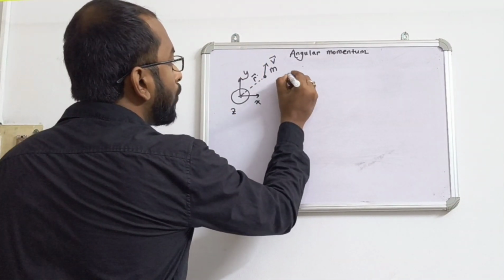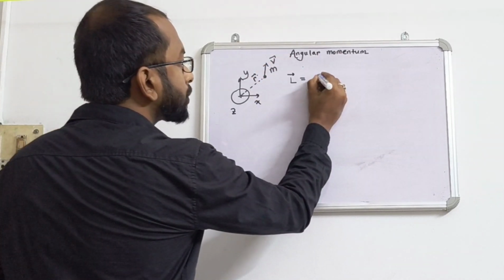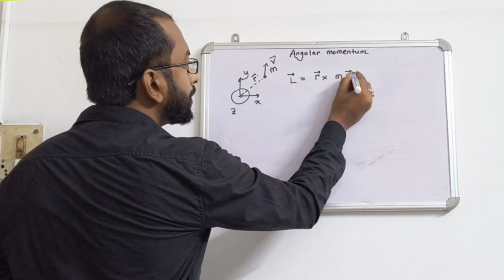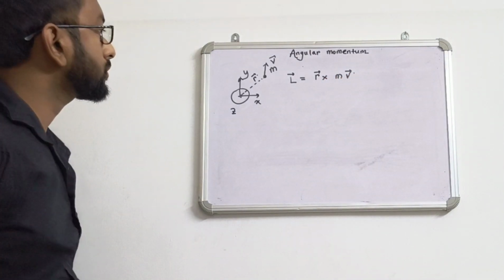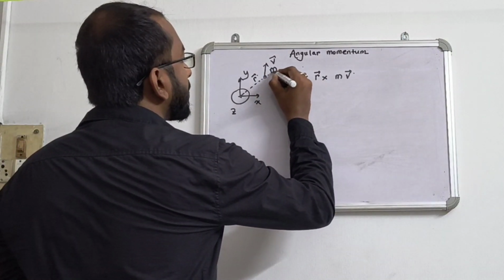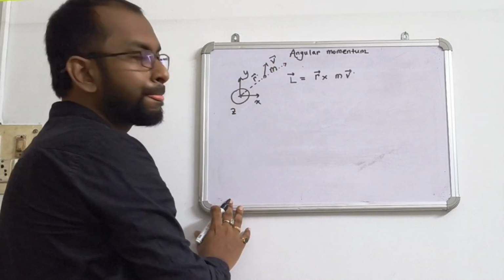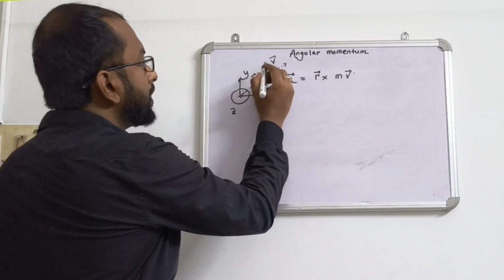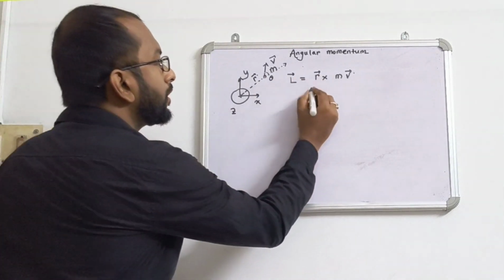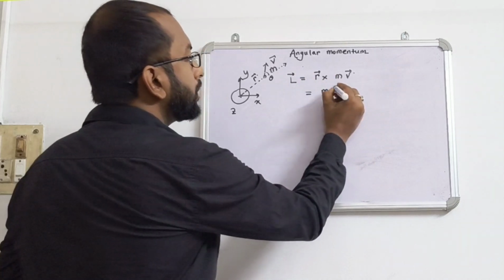Angular momentum is just the moment of the momentum, so we do r cross m v. If we extend the r vector like this, and the angle between r and v is theta, then m comes outside because it is a scalar quantity.